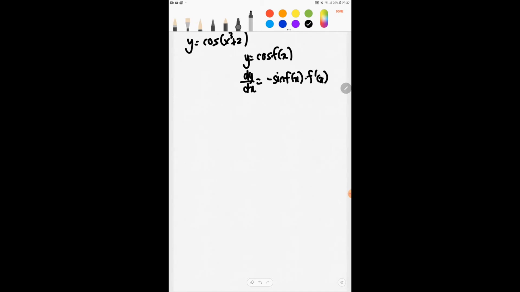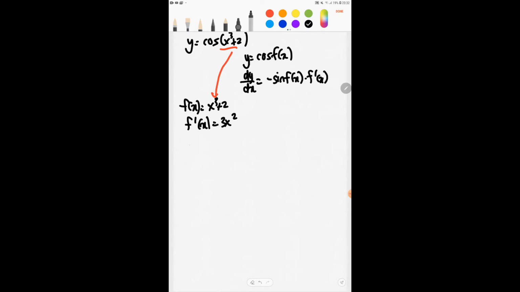So this is the family of cos f(x). Here, f(x) is equal to x cubed plus 2, so it comes from here, so this would be the f(x), and the f prime x, if we differentiate that, we get is equal to 3x squared.